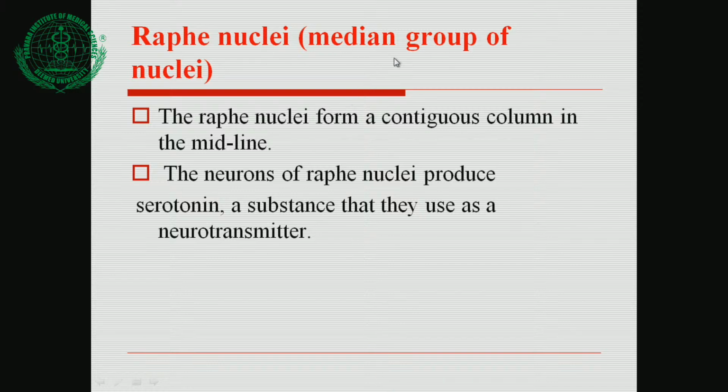First, the raphe nuclei or the median group of nuclei. The raphe nuclei form a contiguous column in the midline. The neurons of the raphe nuclei produce serotonin, a substance that they use as a neurotransmitter.